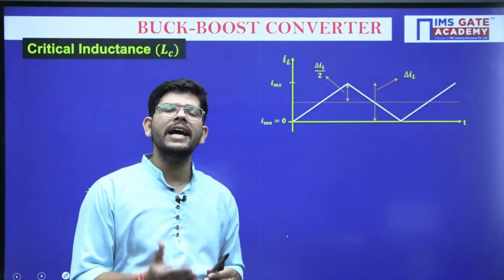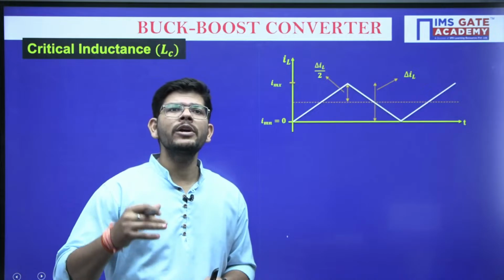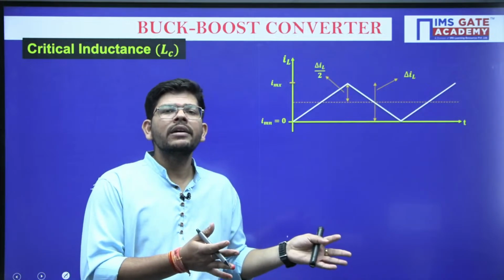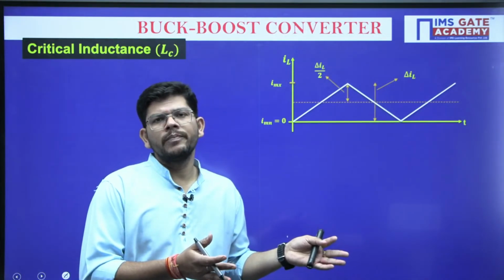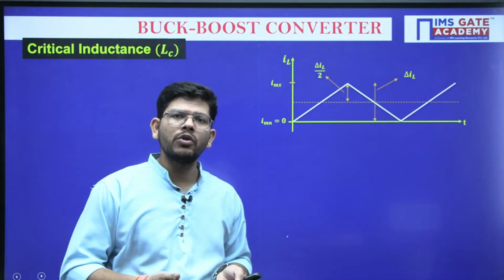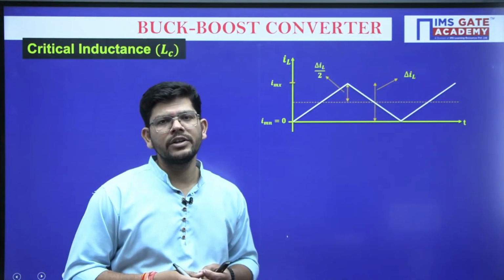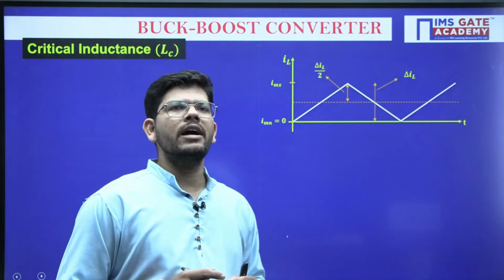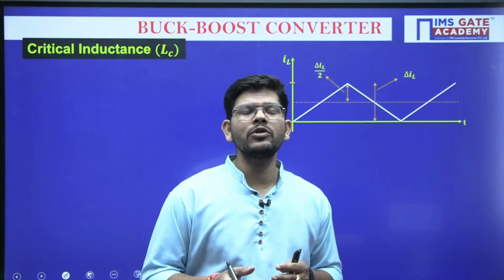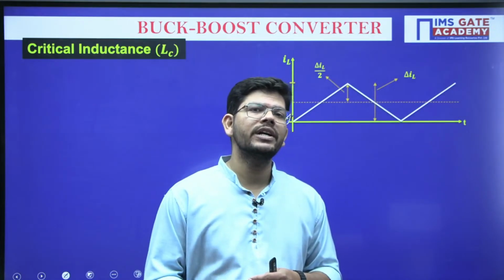If the inductor has a value less than a certain critical value of inductance, it will not be able to sustain that energy for dT and 1 minus D times T. It may release its energy even before, and at that time the inductor current may fall to 0 or it may become negative as well, and that conduction now becomes discontinuous. Okay. So there should be a minimum value of inductor in the circuit. So we will choose the inductor to be greater than that minimum value, so that the assumption of continuous conduction can be maintained.